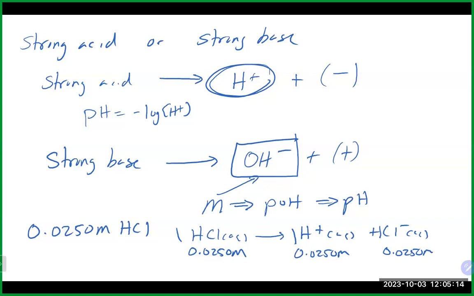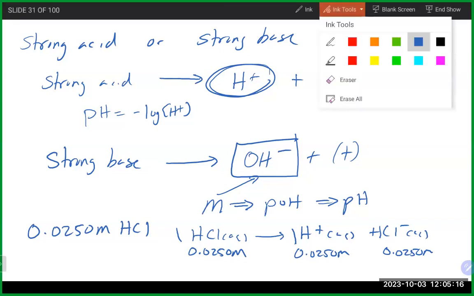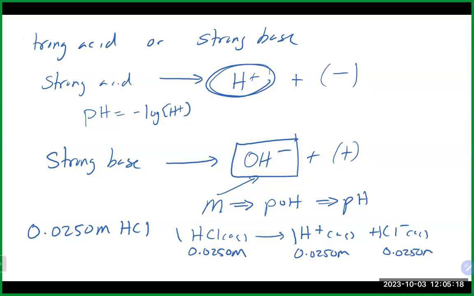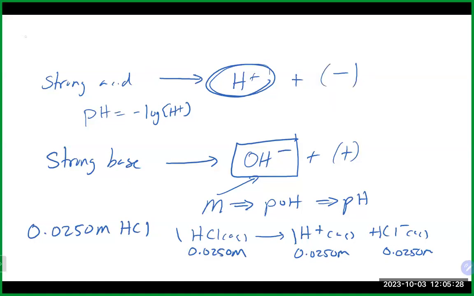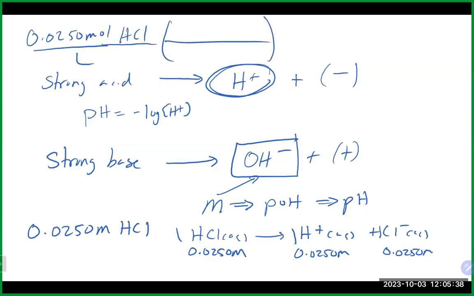If you're not sure what I'm talking about, let me do the long version of that calculation just so we're clear. So, for example, if you had our 0.025 moles per liter of HCl, we could do our mole to mole relationship, which is a 1 mole to 1 mole.